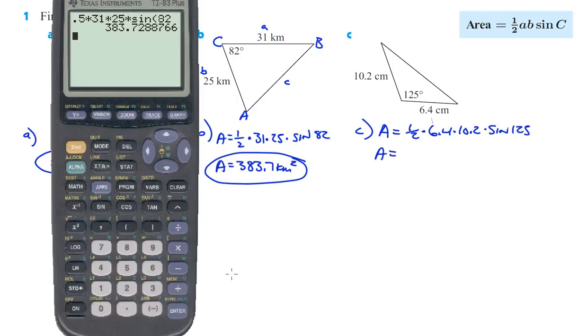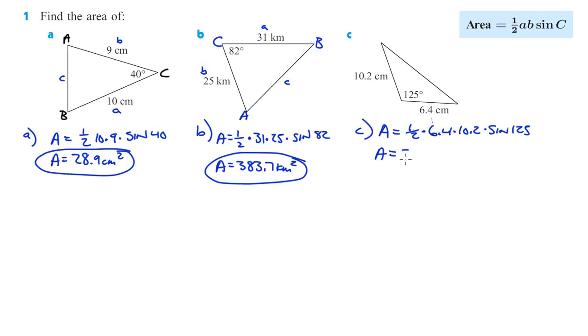Okay, so again, we should be able to put that into our calculator. So 0.5 times 6.4 times 10.2 times sine of 125 gives us 26.73, so we'll call it 26.7 centimeters squared would be the area of that triangle. Okay, let's move on to the next one.